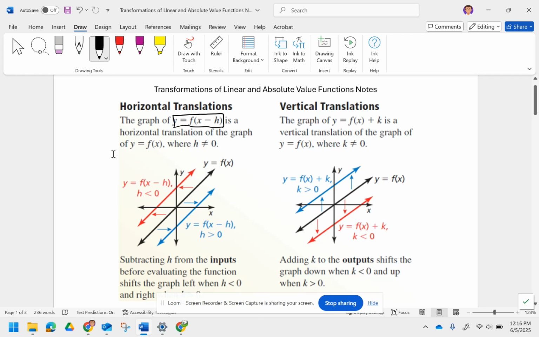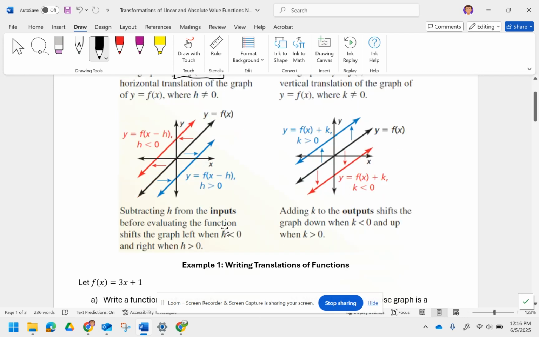Now, by doing this, they also give us this image that if I have f of x minus h, and h is less than 0, meaning h is a negative number, so minusing a negative, then this will move us to the left. However, if we minus some positive number, that's going to move us to the right.